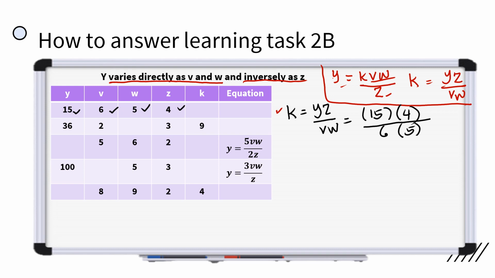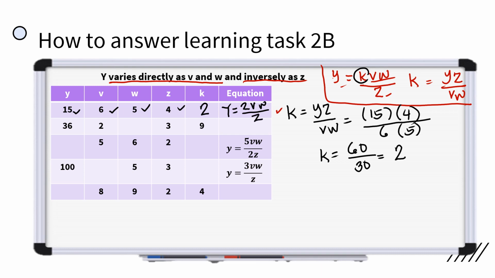So, we have here 15 times 4 is 60, then 6 times 5 is 30. So, 60 divided by 30, the value of the constant is 2. So, we write here 2, and we can already have our equation. We just replace the k here with 2. So, the equation, replace the k with 2. Vw all over z. And that is for the first line.